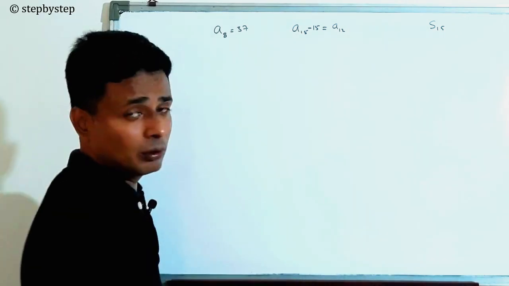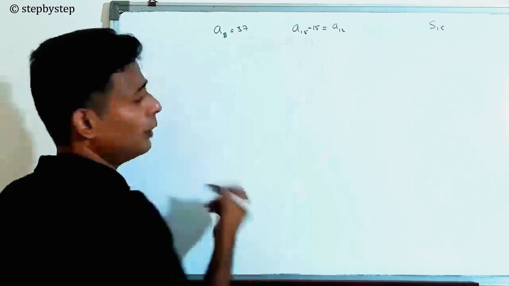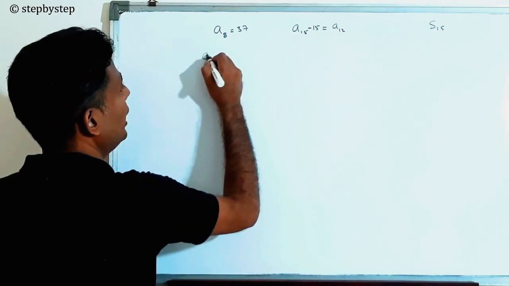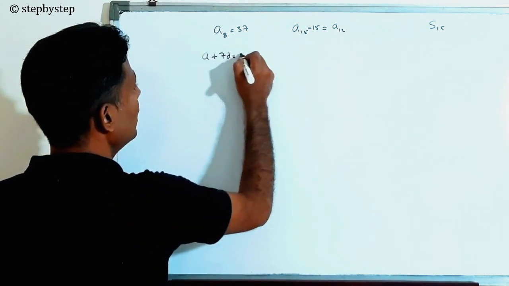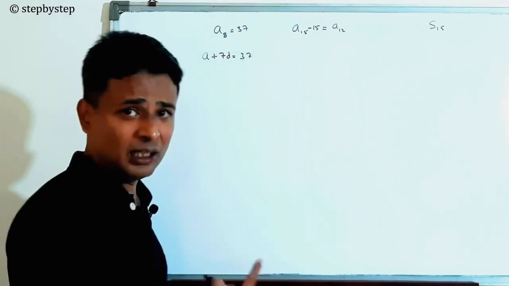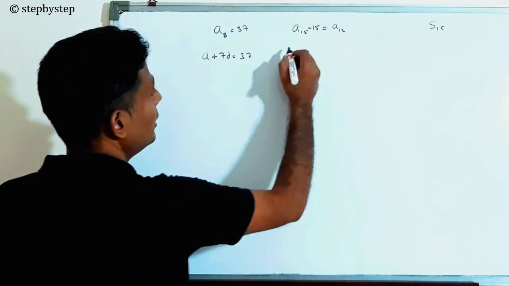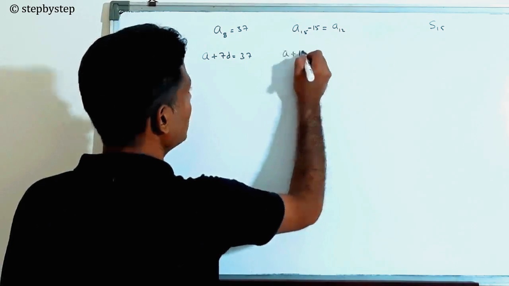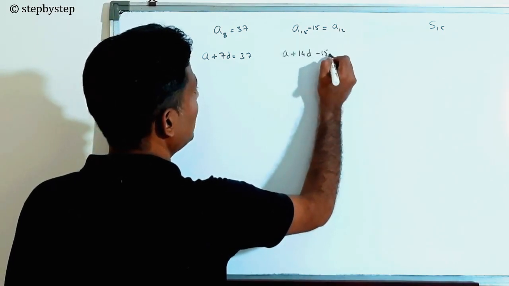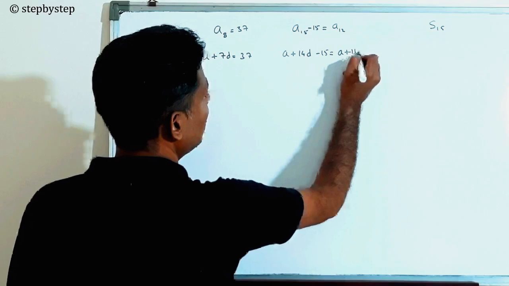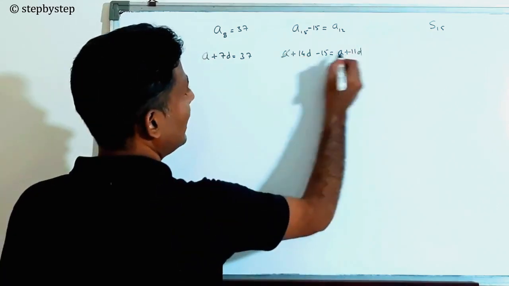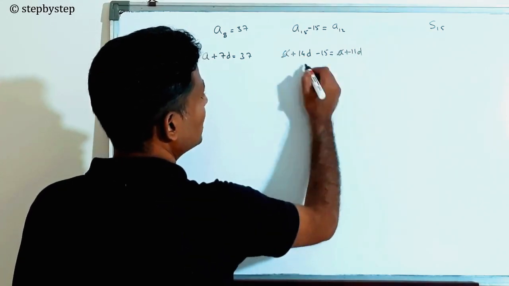Now again, two unknowns, a and d, two equations, easy to find. So a_8 will be a plus 7d equal to 37. We already got our first equation. Here we have a_15, that is a plus 14d, minus 15 equal to a plus 11d. a and a will cancel. I'll transpose this over here.